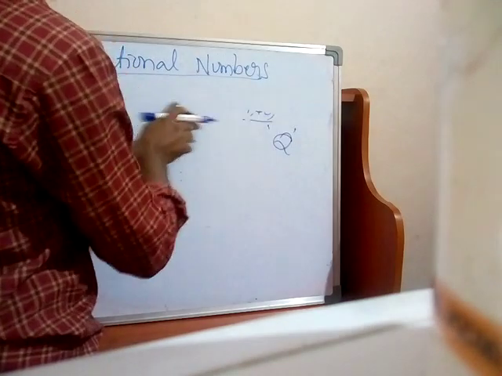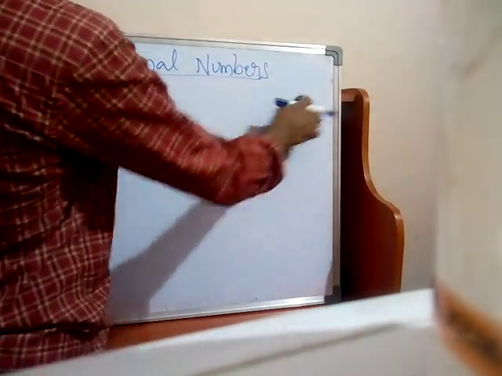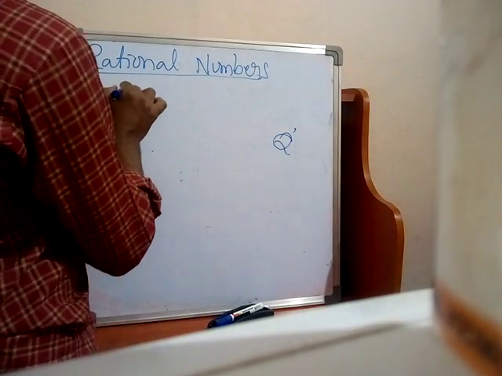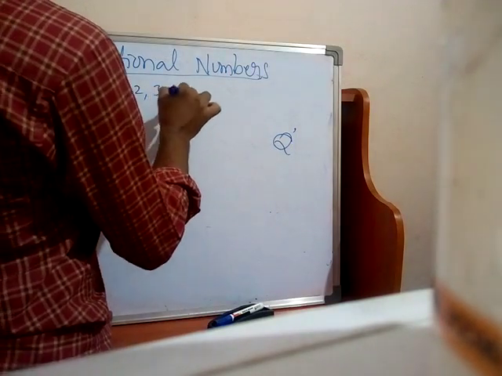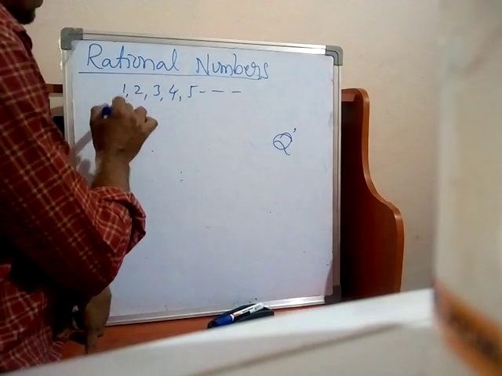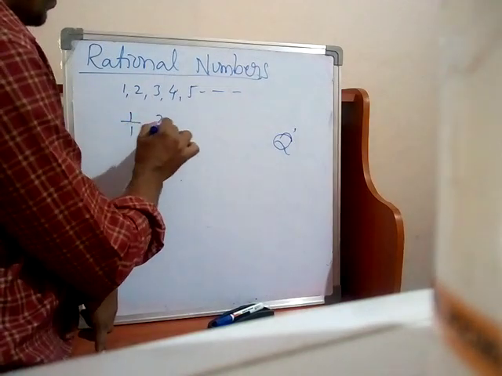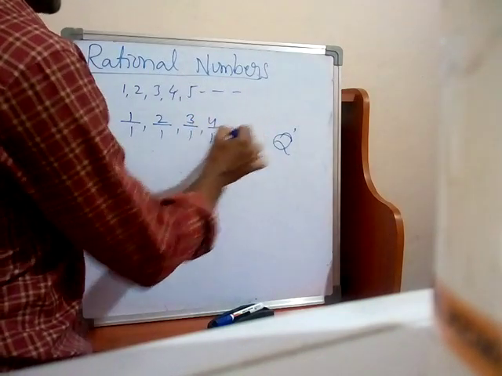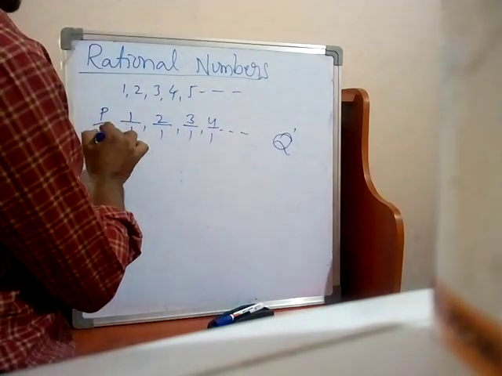Are natural numbers rational numbers? See this: 1, 2, 3, 4, 5. These are natural numbers. Are they rational numbers? Yes. Now observe here: 1 can be written as 1 by 1, 2 as 2 by 1, 3 as 3 by 1, 4 as 4 by 1. This is in the form of p by q.